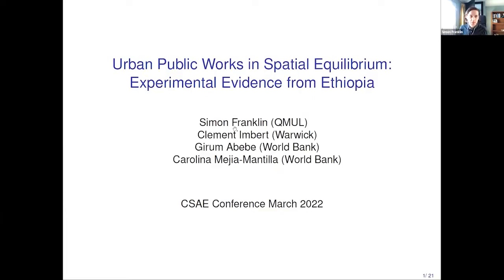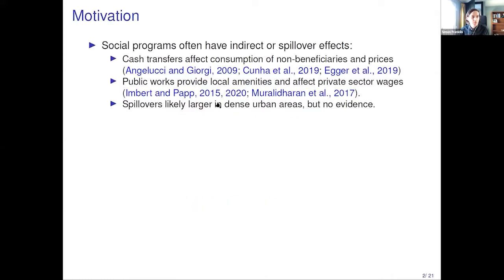Great. Okay. So this paper, in a nutshell, is about how to estimate equilibrium effects of social programs, and in particular wage labor market effects of those programs, when the effects could spill over across locations. So we think of social programs often as having many kinds of spillover effects.